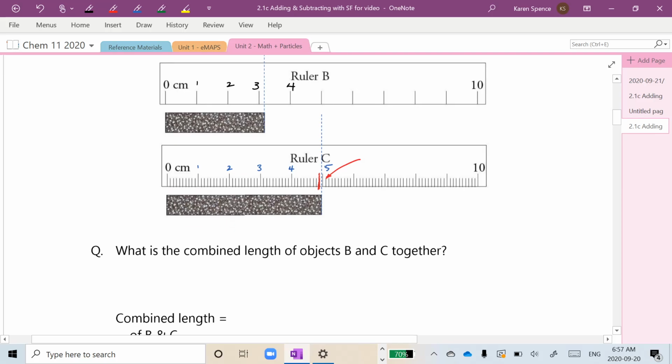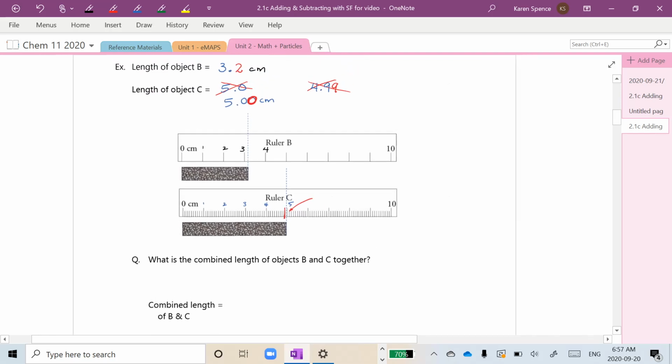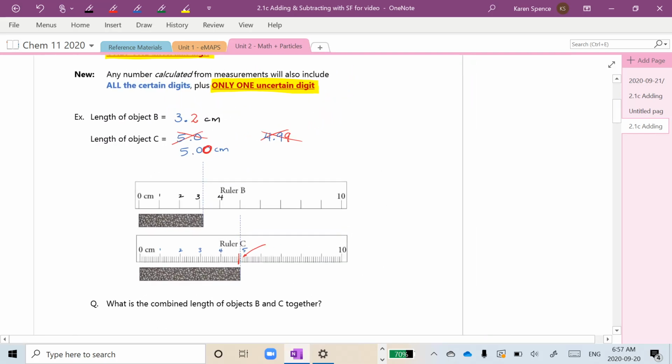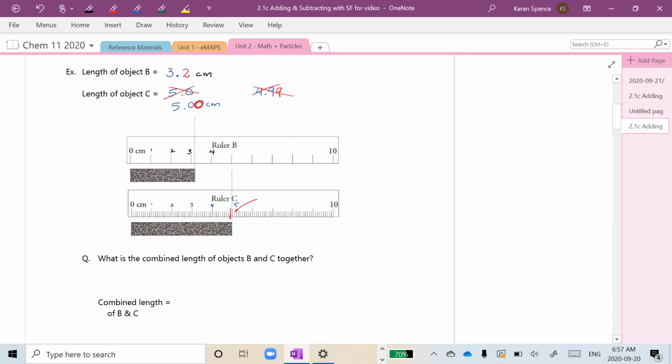And now we're going to say, what is the combined length of objects B and C together? So I'm going to make this smaller so that we can see both objects B and C. So our combined length will be, I'm going to take my 3.2 centimeters, and I do have to put my units, centimeters, and I'm going to add my 5.00 centimeters.